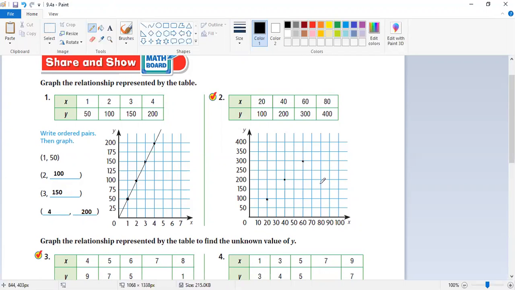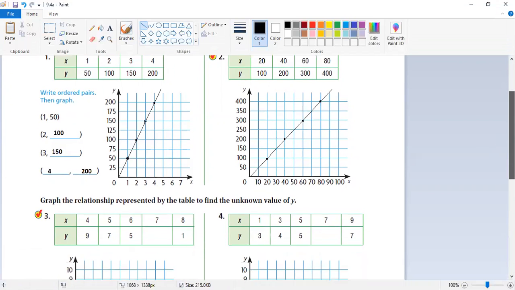You go along 80 until you reach 400 and you put a point there. Next, you need to join all these points. Always start joining from 0, and you must touch all the points. That's going to be a straight line graph like that.